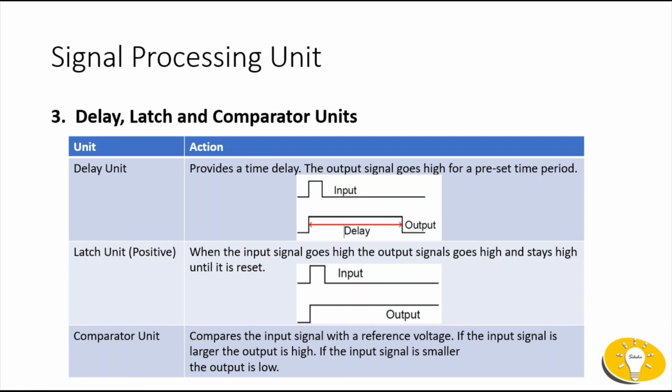The third type of unit is the comparator unit, which compares the analog input signal with a reference voltage. If the input signal is larger than the reference voltage set by the dial, the output is high. If the input signal is smaller than the reference voltage set by the dial, the output will be low.